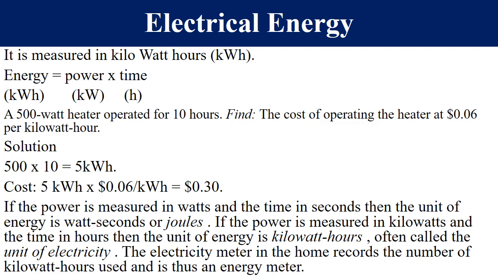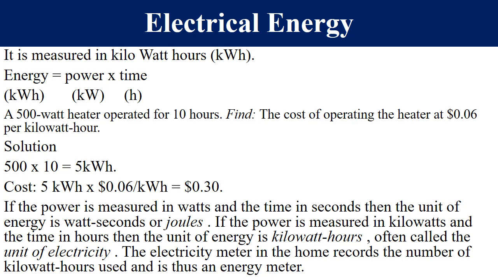We have a very good question which reads: a 500 watt heater is operated for 10 hours. Find the cost of operating the heater at 6 cents per kilowatt hour, which means we must convert. First, we need to find kilowatt hours, that is energy. So 0.5 kilowatts times 10, the number of hours the heater is run, gives 5 kilowatt hours.